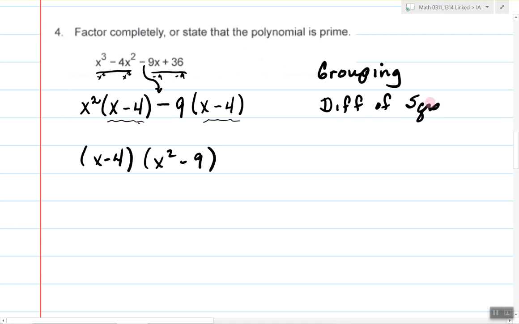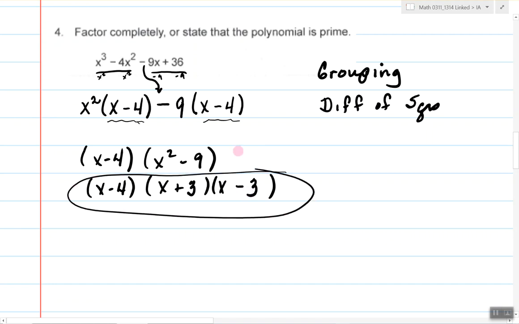I'll keep my x minus 4 and two parentheses, one plus, one minus: x plus 3, x minus 3. So we did grouping and we just happened to get the difference of squares as one of our binomial factors.